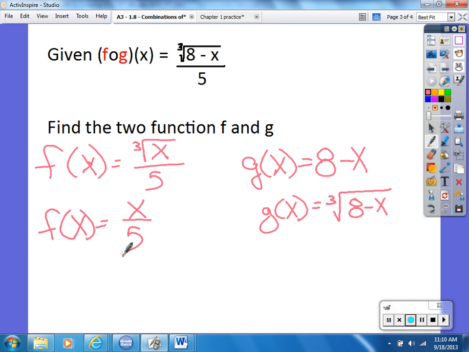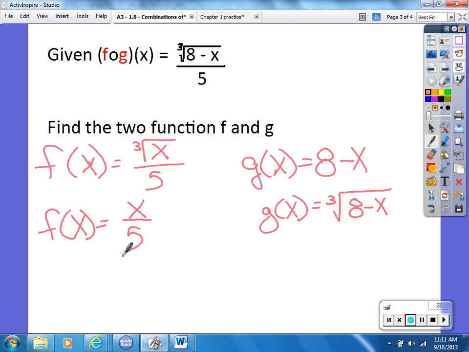Any questions? Okay, I need a question then. So what I had to do was come up with two separate functions. A small function, which we decided was 8 minus x, and then the rest of the function. So if I'm building around the 8 minus x, I still have the cube root. I still have the divide by 5.